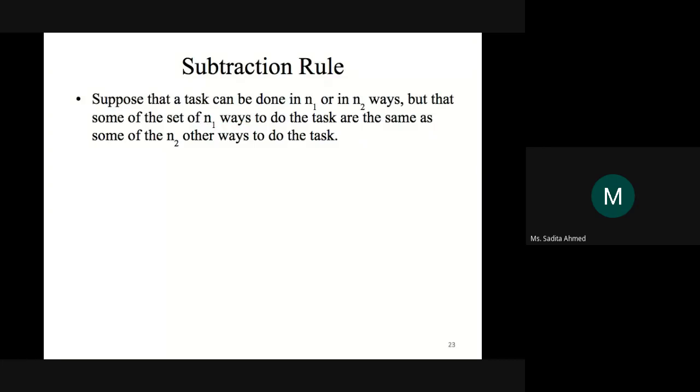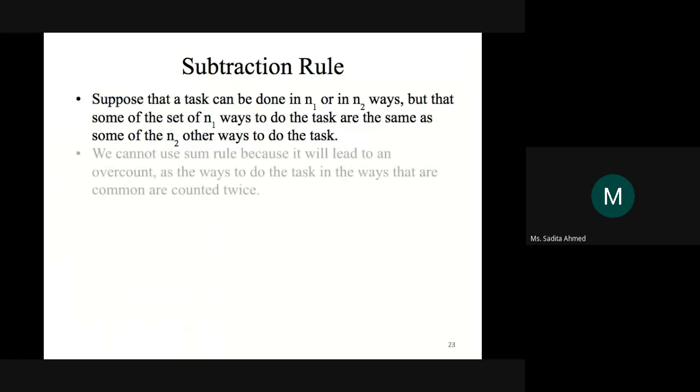If there are some ways among these two sets which are common, in that case, we have to subtract the common ones at least once. Why is that? Because if you apply the sum rule here to calculate the total number of ways to do the task, and you do n1 plus n2, you're counting the common ways to do the task twice, right?